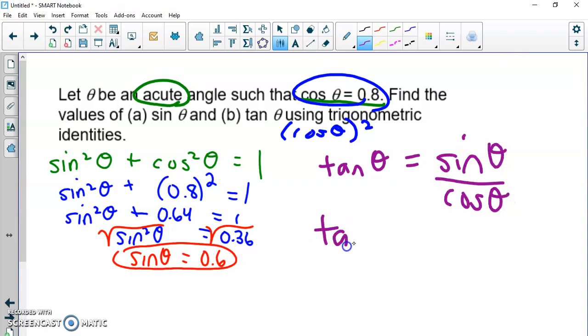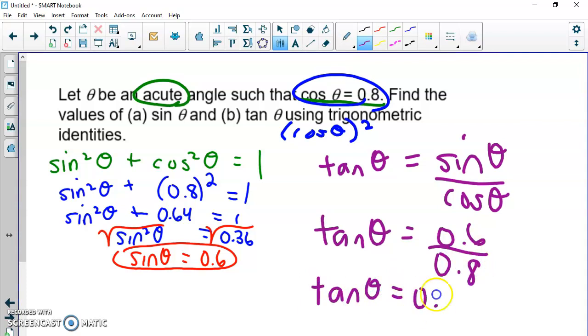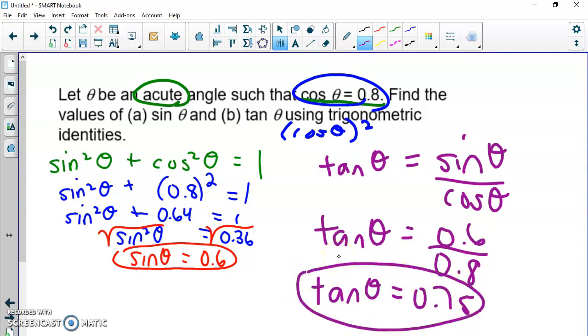Let's fill in what we have. So sine is 0.6, cosine is 0.8. Dividing that out, tangent will be 0.75. So that is the value of tan of theta.